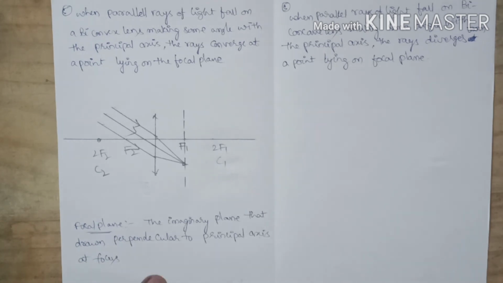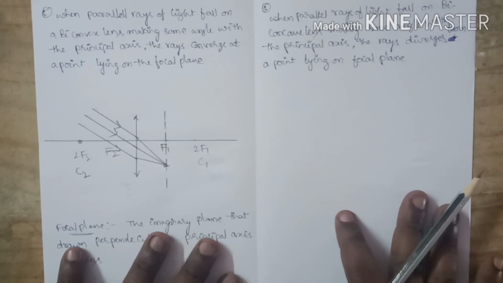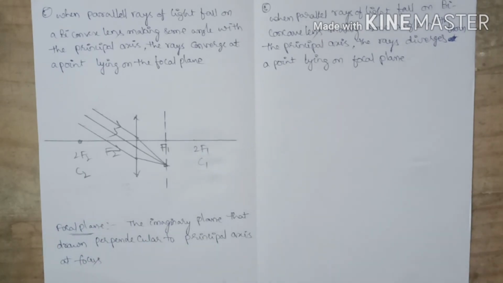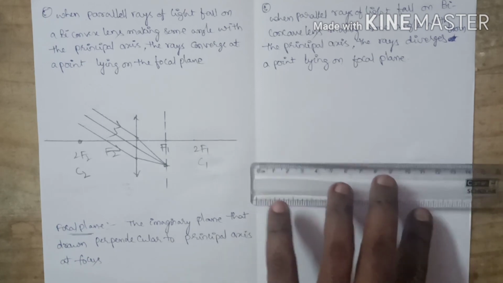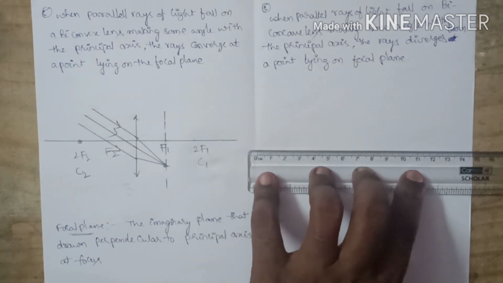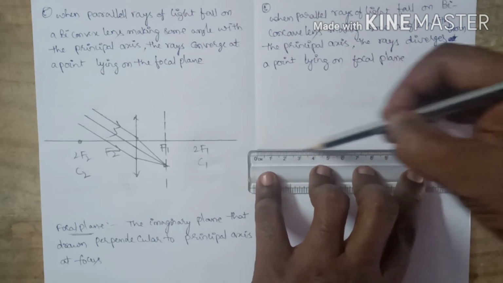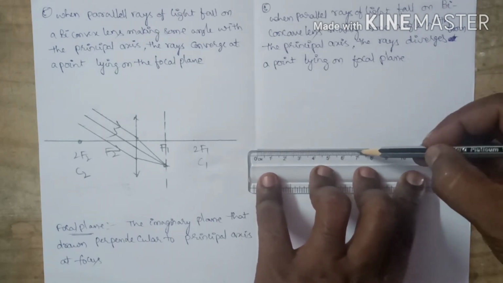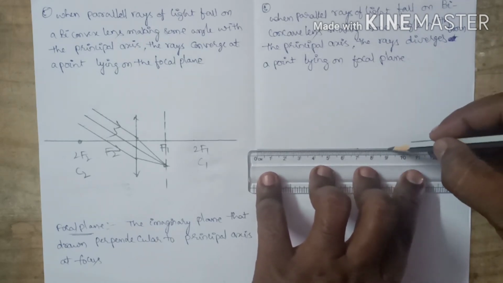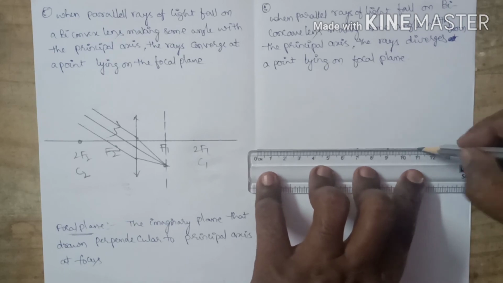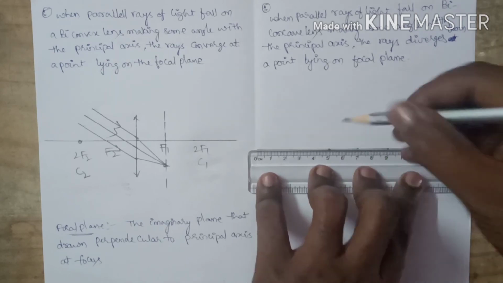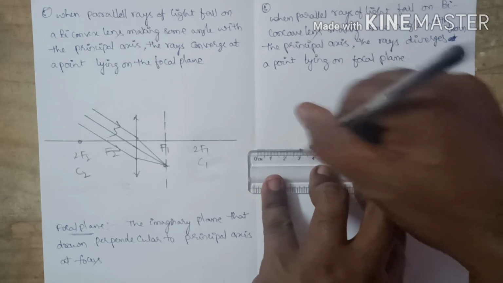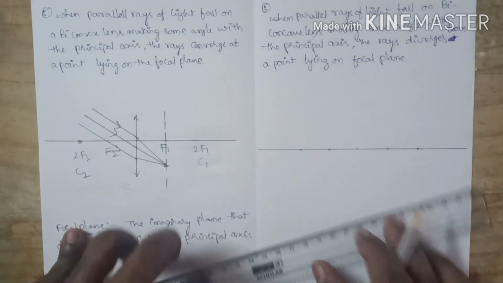Now, we are going to draw the same situation in the case of a biconcave lens. For the same, draw the principal axis. Identify the points which are at equidistance. These points can be represented as the optic center.